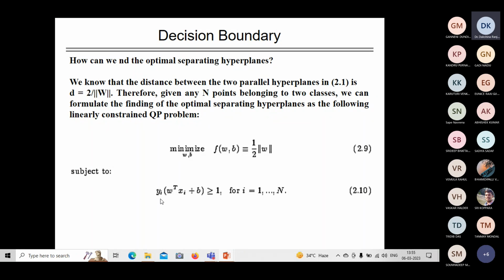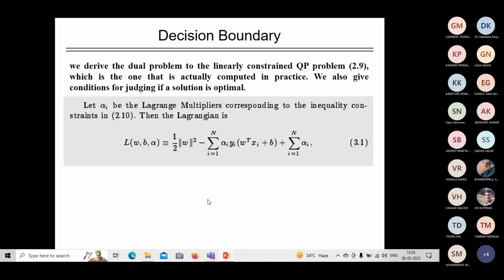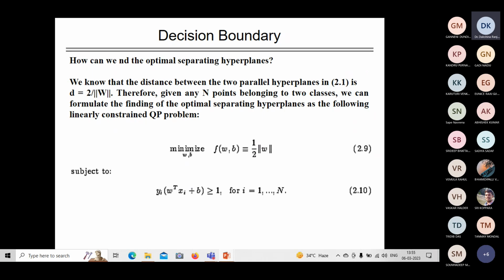So yi into w transpose xi plus b equals 1 denotes the class boundary. We get the equation of the optimal hyperplane as w transpose xi plus b equals 0. But for the two class boundaries, the two parallel hyperplanes to the optimal hyperplane, we get yi into w transpose xi plus b equals 1.